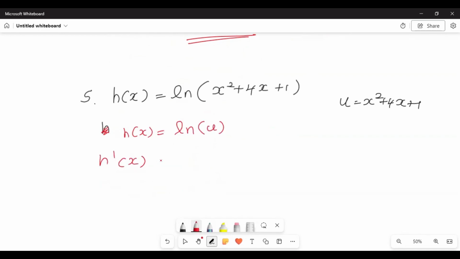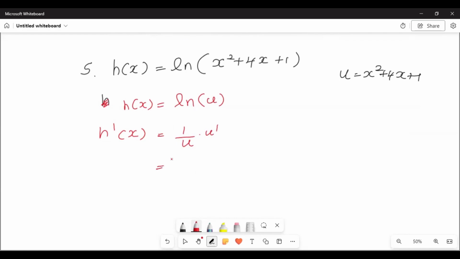Okay, now we need to find the derivative of h(x). It's going to be 1 over u times u dash. So 1 over u means 1 over x to the power of 2 plus 4x plus 1, times u dash, which is 2x plus 4.